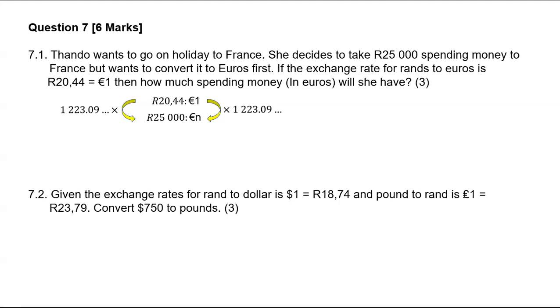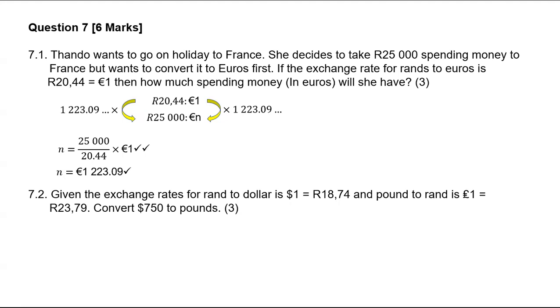Or you can simply use the divide multiply method, which is 25,000, what you are given, divided by the corresponding ratio and multiply by the other ratio. That is 25,000 divided by 20,44 times 1 euro, and that will give you 1,223,09 euros.